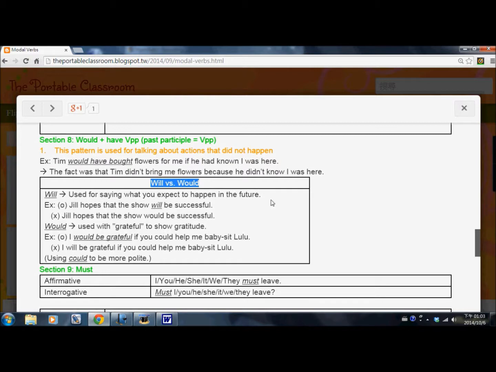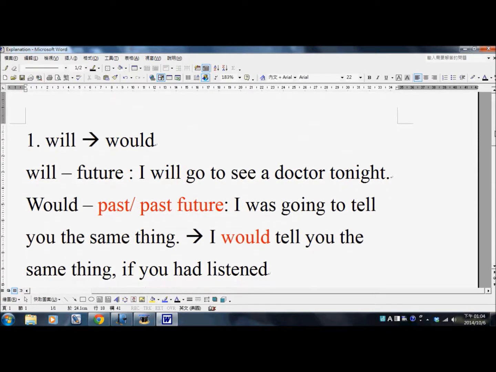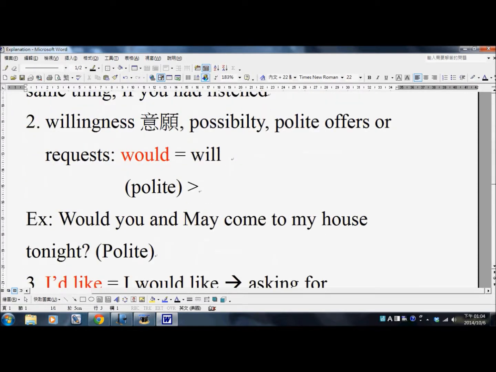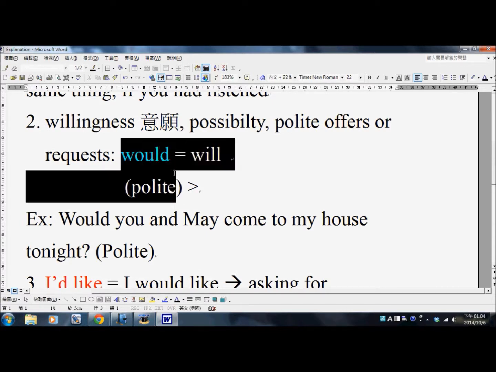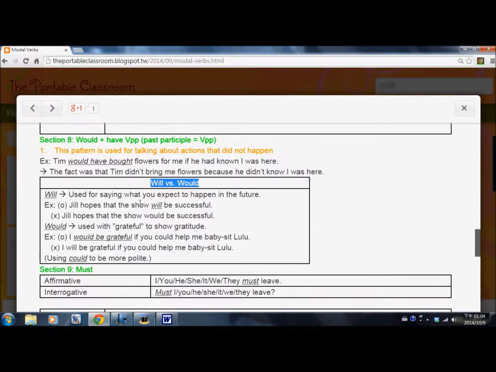Here, will versus would. Now remember, we talk about will and would. They are closely related. You can see that, will and would. Will is future. We use would for the past and past future. And also here, would is used the same way as will. When we want to be more polite, we would choose the word would. And here it says, will is used for saying what you expect to happen in the future.